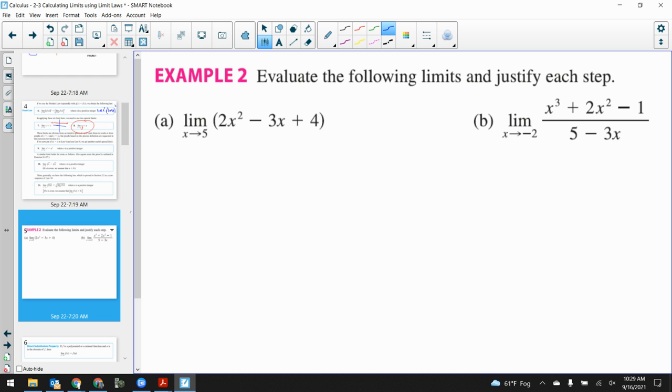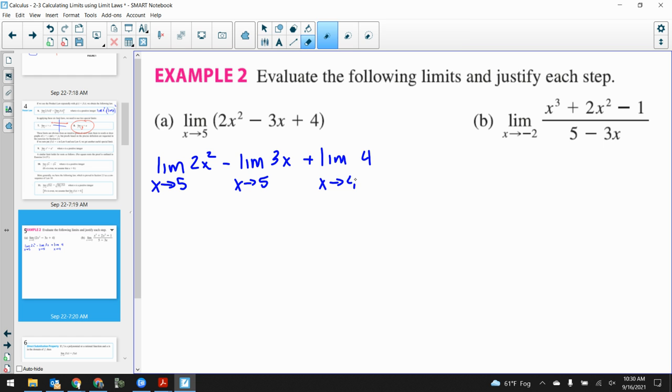Here's what I mean. Do you see how I have a trinomial on the inside there? That means that I could take that limit and say, okay, I want the limit as x approaches 5 of 2x squared, minus the limit as x approaches 5 of 3x, plus the limit as x approaches 5 of 4.